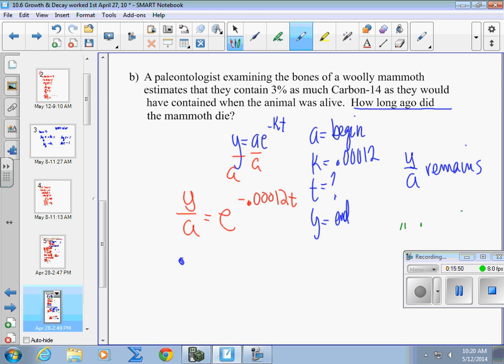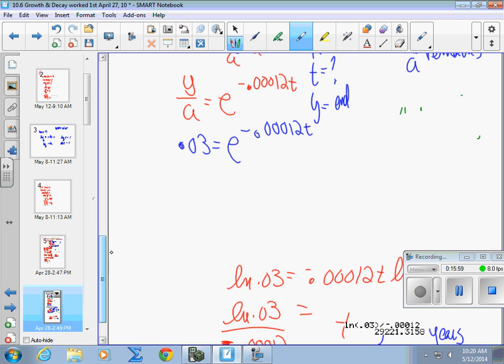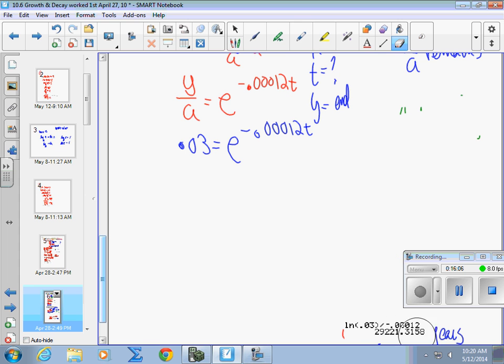So we have decimal 0.03 is equal to e to the negative decimal 0.00012t. That's Y over A, what remains. 3% is what remains. So we have ln of decimal 0.03 is equal to ln of e to the negative decimal 0.00012t.